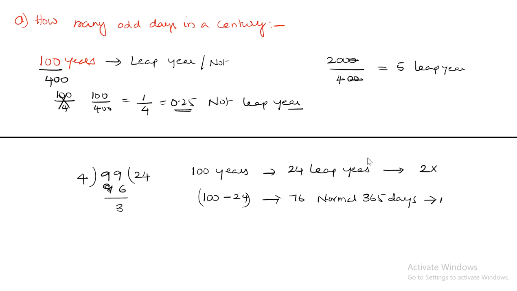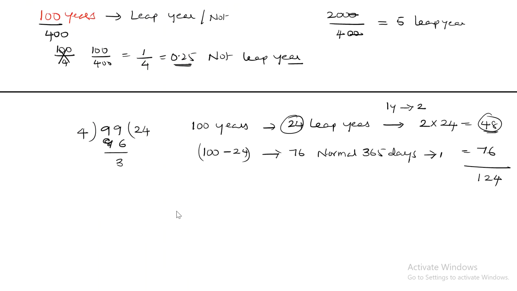So 24 years means 24 into 2, which is 48 odd days. For 76 normal years, it is 76 odd days. Add these two values and you'll get 124.